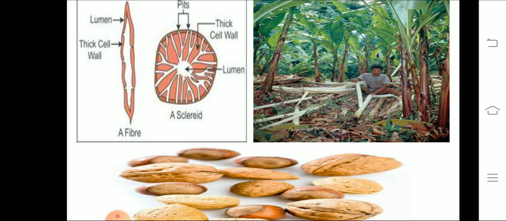So all these simple permanent tissues help in providing mechanical support to the plant, and some have storage facilities. Parenchyma is the packaging tissue of the plant. It is also storage of the plant, and it helps in photosynthesis.